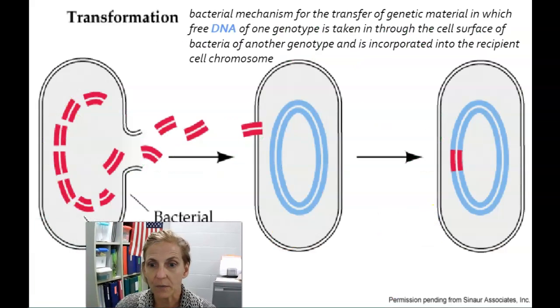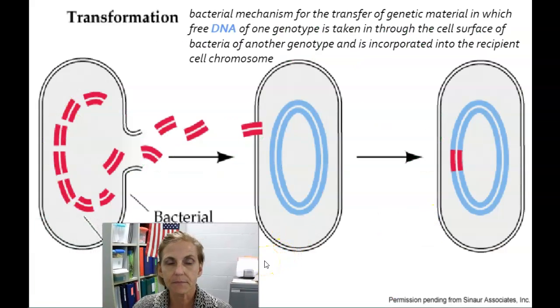Today we know and we understand what's causing the transformation. So today we know DNA is our genetic material. We didn't know that back in 1928. We know that bacteria have the ability to take up DNA from their environment. So this would have been the heat-killed bacteria, the DNA broken apart, escapes the bacterium, enters the recipient bacteria here, and it's incorporated in the DNA of this recipient bacteria.